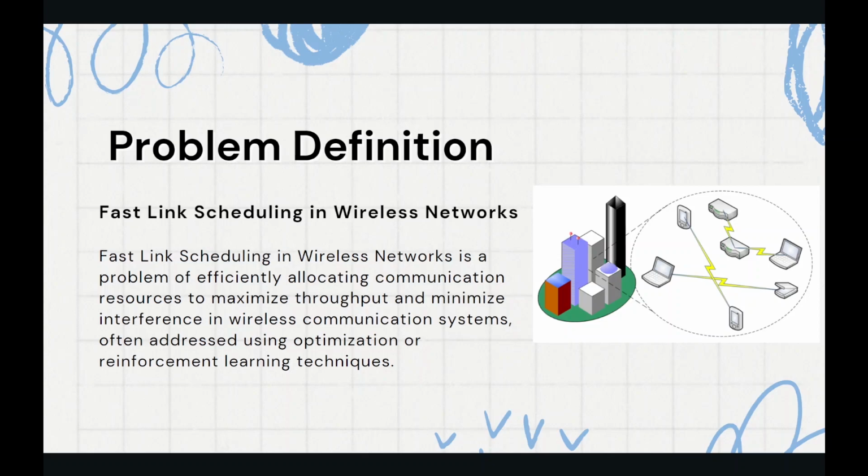Then we need to select links that can communicate simultaneously without interfering with other links. At the end, we need an algorithm which will select the set of high utility links and allow them to communicate, while others are stopped from communicating.